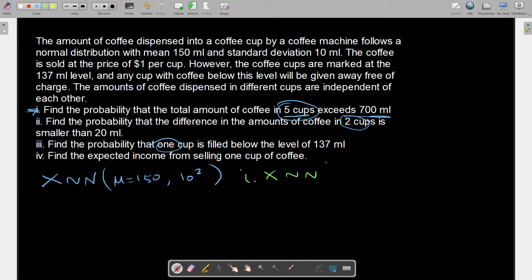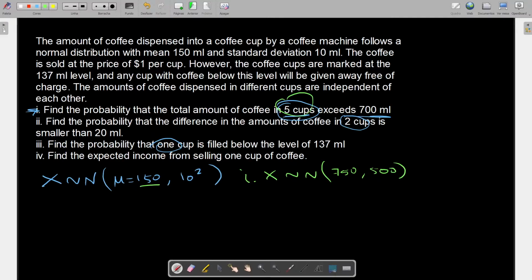So X follows a normal distribution, but we have 5 cups. So it's 5 times 150, that's 750, and 5 times 100 is 500. This is the first thing to do, because if you don't do this, you're going to get a false result.